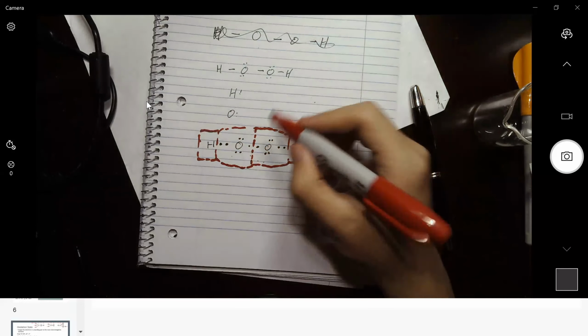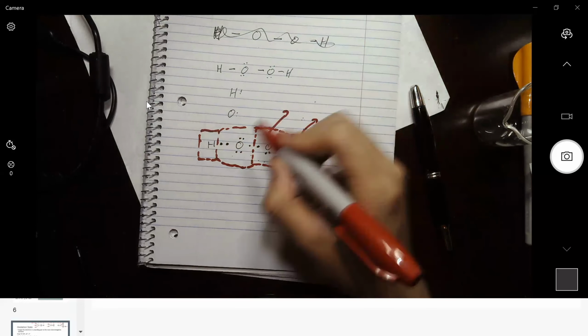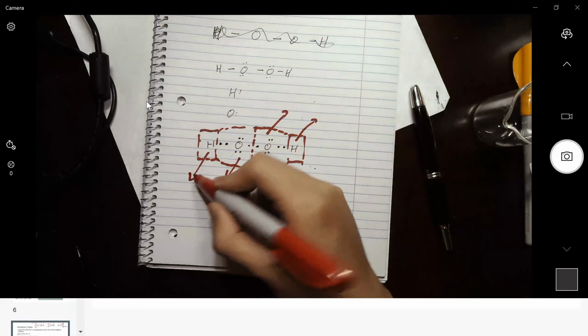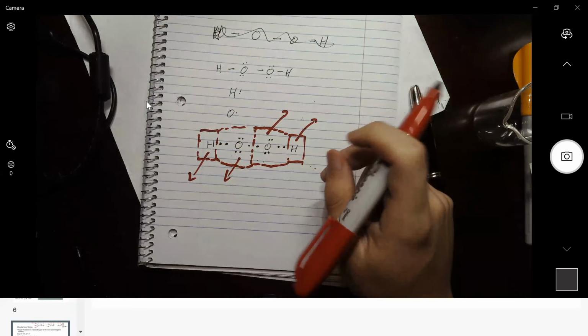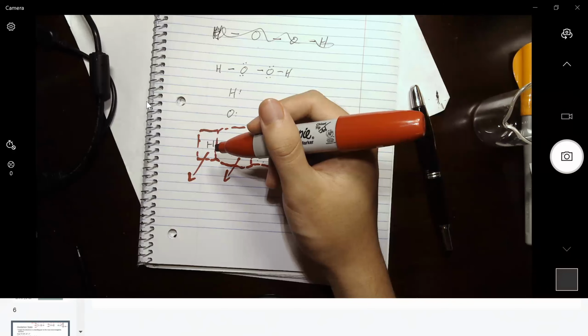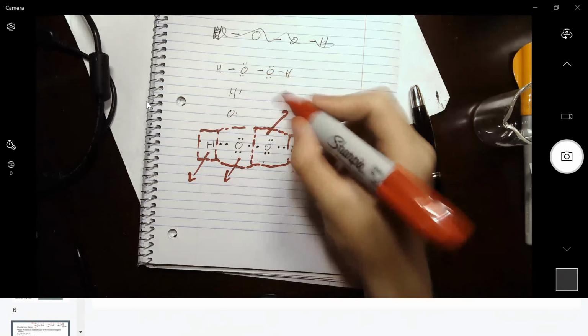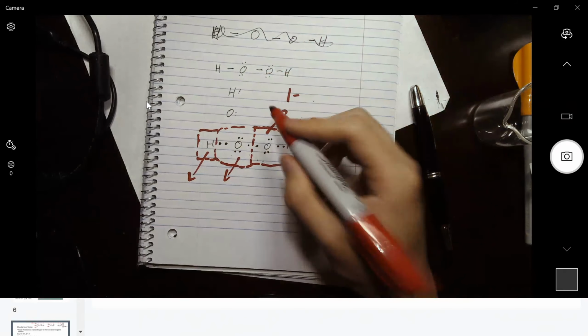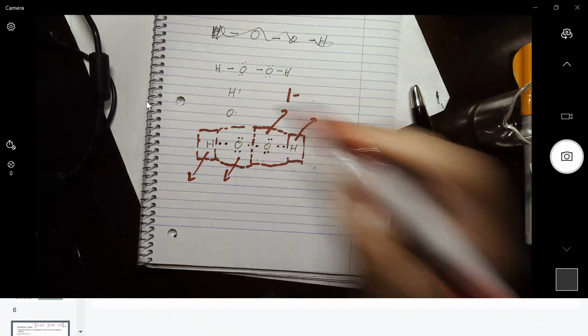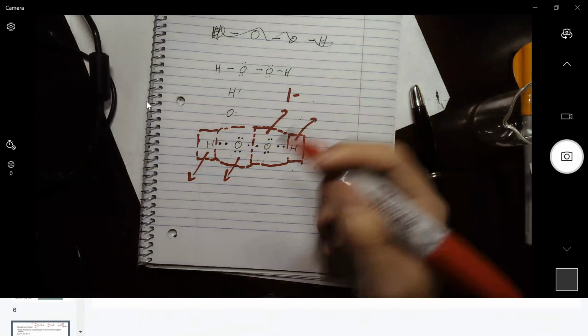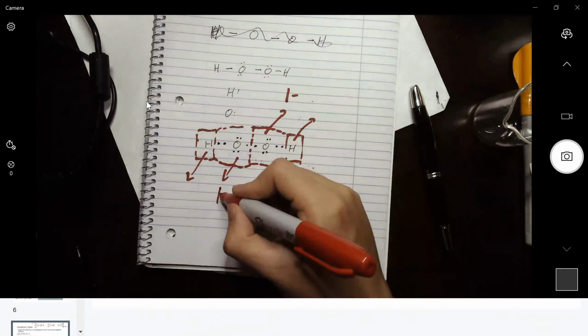Now, with these divisions in place, can you tell me what the oxidation states are? Okay, well, yeah, so this is 1-, right? Because we have 1, 2, 3, 4, 5, 6, 7 electrons instead of 6. So it's 1-, and of course it's the same.